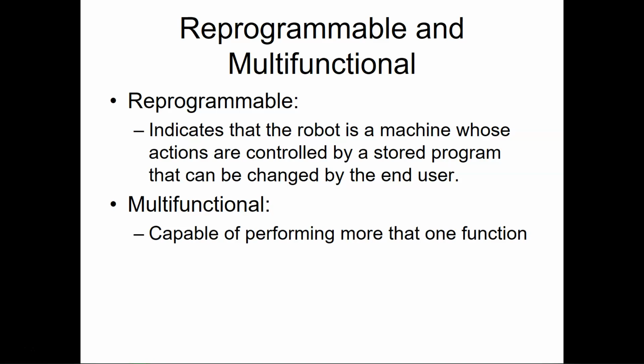So, like I said, the two big things here are that they are reprogrammable. So we can create a program, store it, and use it. But we can also go in and change it, or even go so far if we need to as to get rid of it. Okay. Multifunctional or multi-purpose is that it's capable of performing more than one function or purpose.